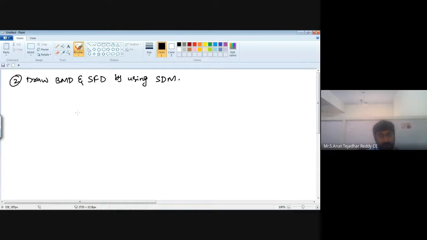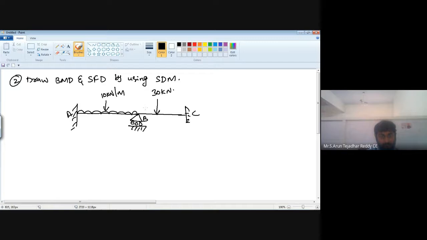Next, the given diagram. So this is our given diagram.